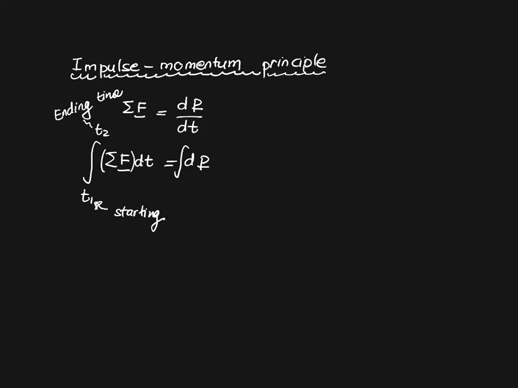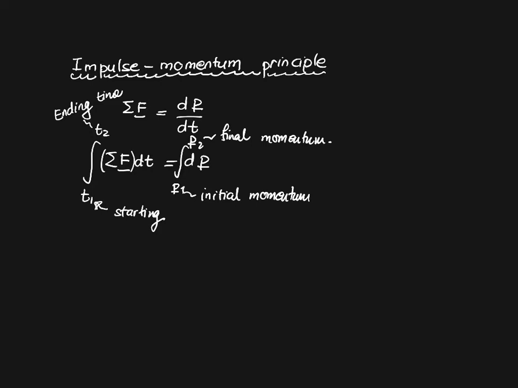And on the right hand side we integrate momentum. So we start from the initial momentum P1, the starting momentum of the motion of the particle, to P2, which we call the final momentum.